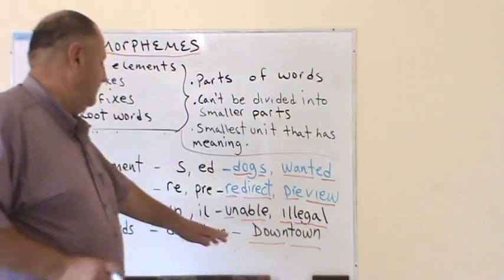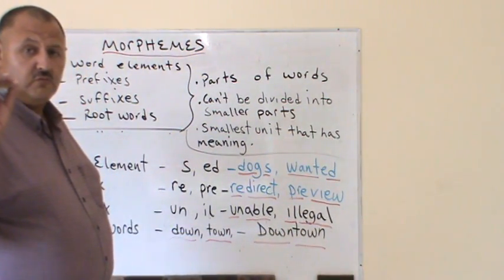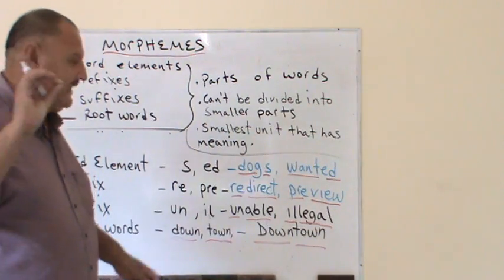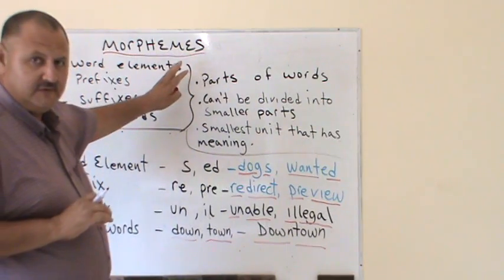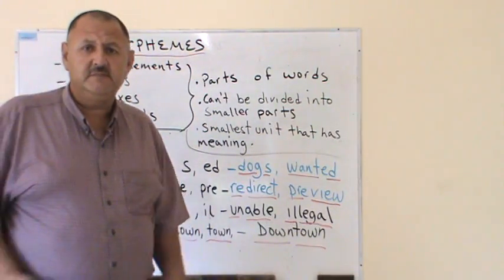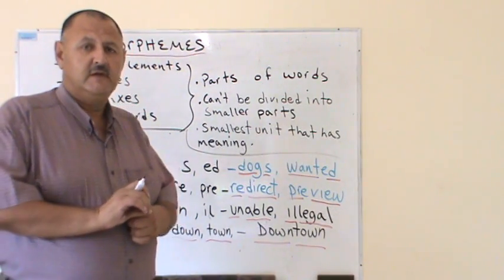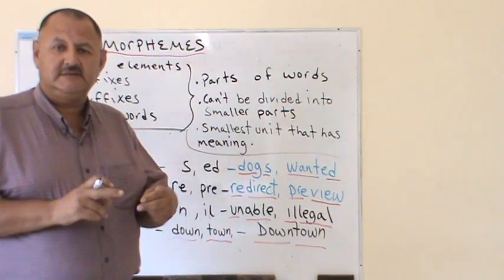Okay? So a word can be a morpheme. If it's a root word, it can be a morpheme. And you have to understand this.